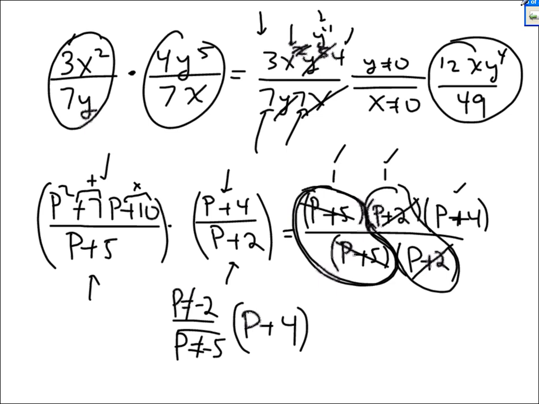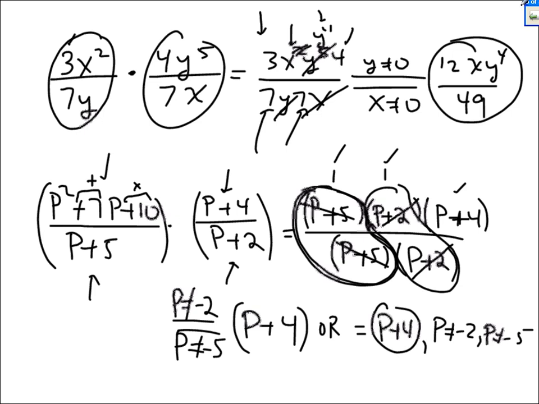So you should write your answer like that. Or you can say equals p plus 4, comma, p is not negative 2, p is not negative 5. Just list what p can be. There are some numbers that p just can't be the way it is. P can be most numbers, and you'll get p plus 4.